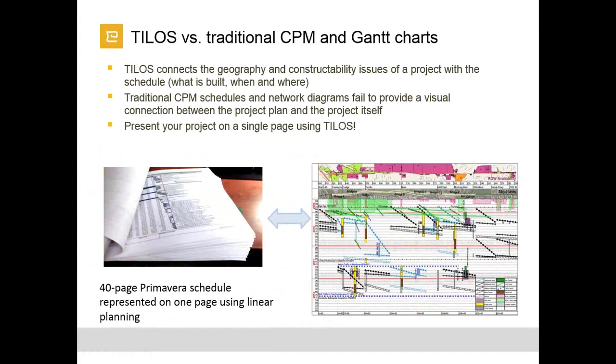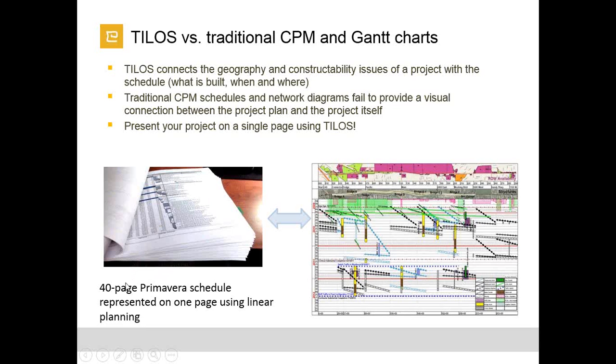So what we can say, comparing with the traditional methods like CPM or network diagrams, is that TILOS connects the geography and the constructability issues with a project. But CPM schedules or network diagrams fail to provide a visual connection between the project plan and the project itself.